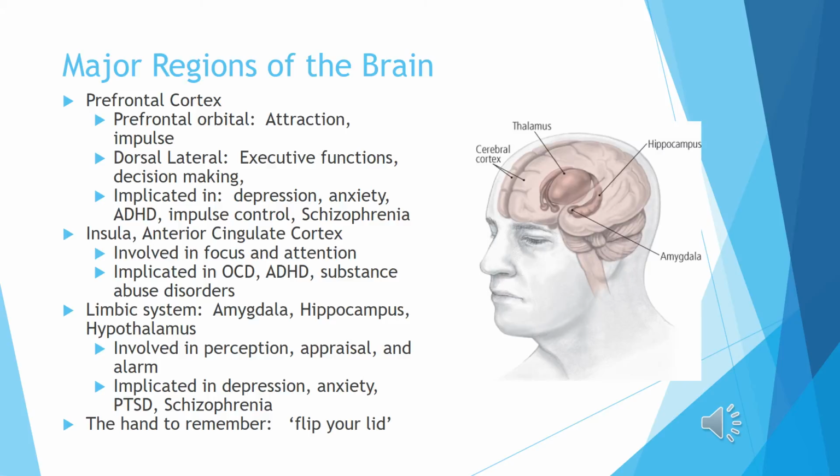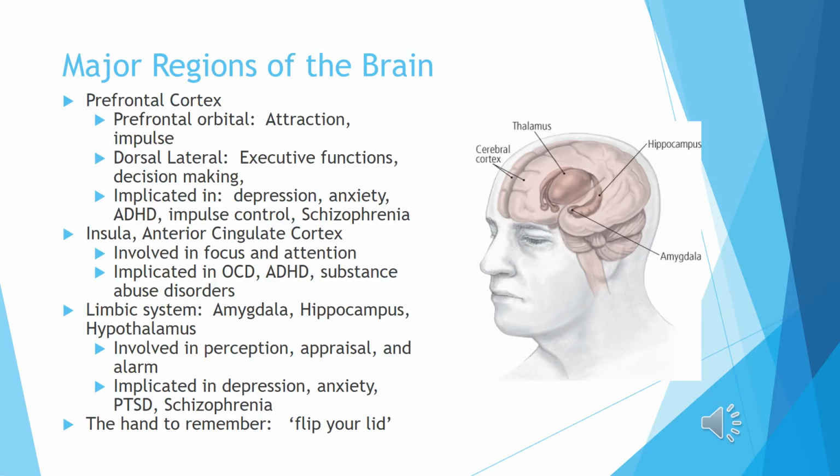But there is the insula with the anterior cingulate cortex, and again, if you fold your fingers over your thumb, that area on the inside of your hand that's folding over, again around the base of your fingers, some of that area is the insula, and it is there that a very important region, the anterior cingulate cortex, the ACC, is located, which is very involved in our focus and attention, and it's implicated in obsessive compulsive, attention deficit, and in substance abuse disorders, because it's also in that insula that we find the nucleus accumbens.